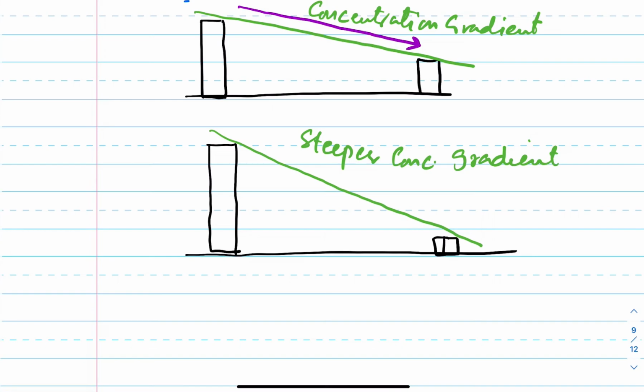If we experiment to see the movement of molecules from a region of higher concentration to the lower concentration, we will find a higher rate of movement of molecules if the steepness of the gradient is increased.